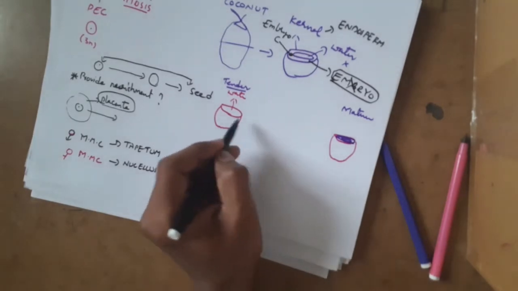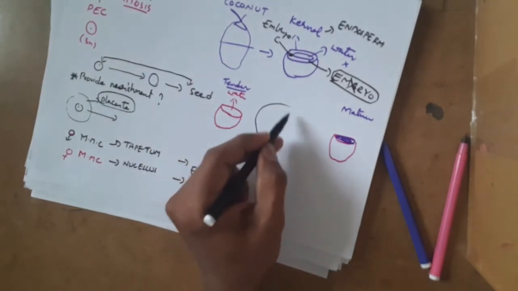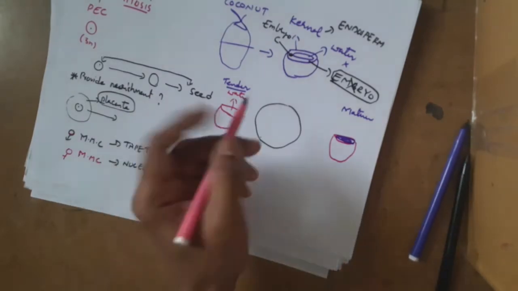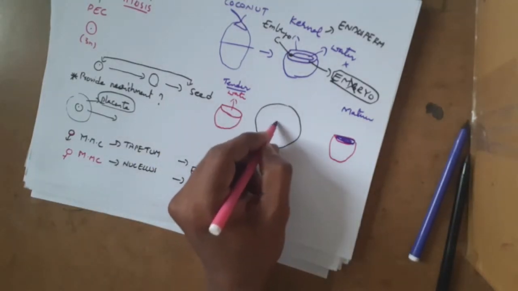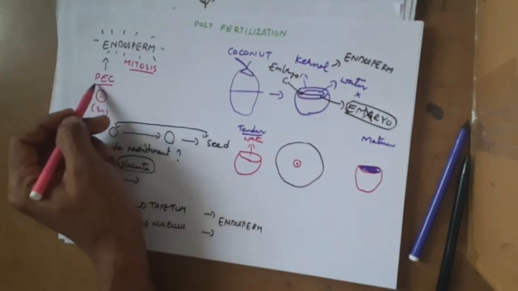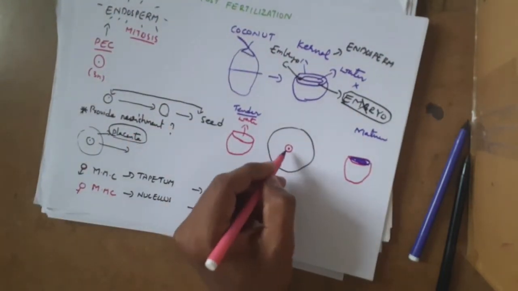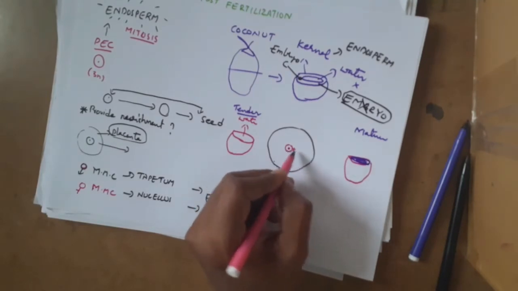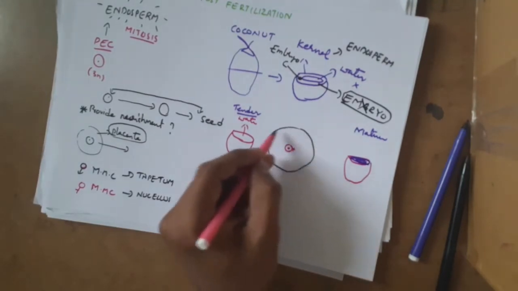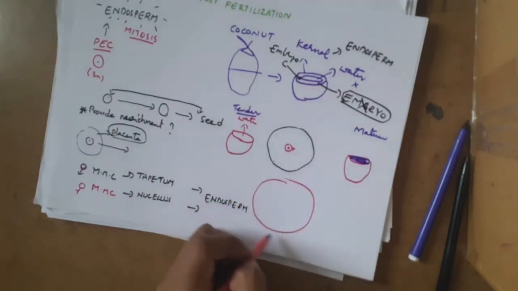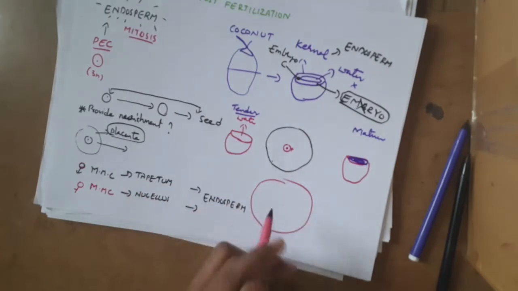Now if you take the same circle in a big picture like this circle, here the endosperm cell, the initial endosperm cell that we discussed right over here, PEC, soon after fertilization starts dividing. That means imagine this whole thing as a cell. So suppose I'm drawing the same here. Suppose this is a big complete circle of the coconut.